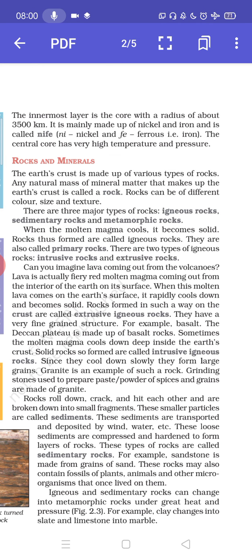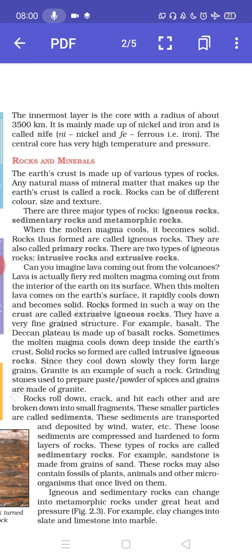The rocks which are formed where the molten magma comes out from the interior of the earth are known as extrusive igneous rocks. Sometimes they have a very fine grained structure. An example is basalt. The Deccan Plateau has a lot of basalt rocks. Sometimes the molten magma cools down deep inside the earth crust, and they are known as intrusive igneous rock.